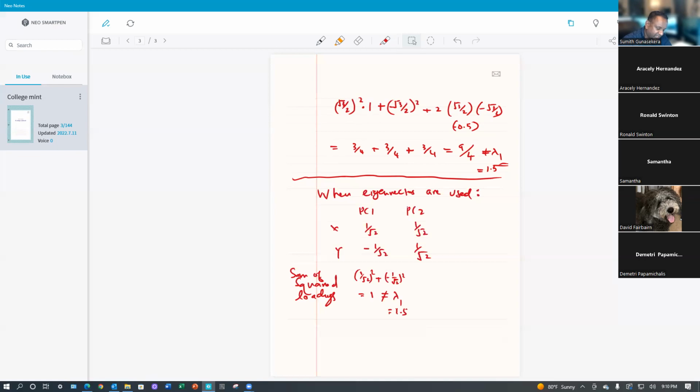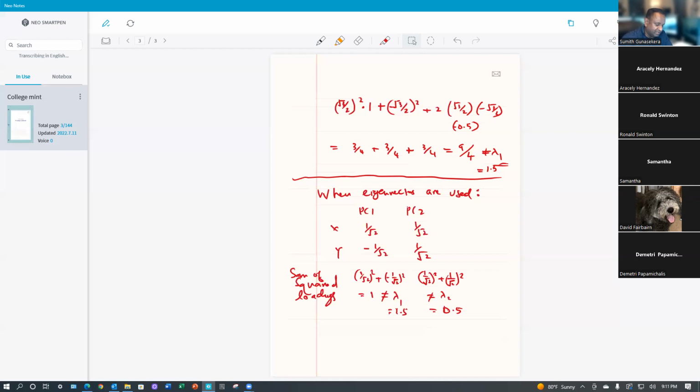The same way over here, the same thing. 1 over √2 squared plus 1 over √2 squared, which is not equal to lambda 2, which is 0.5. Lambda 2 should be 0.5.